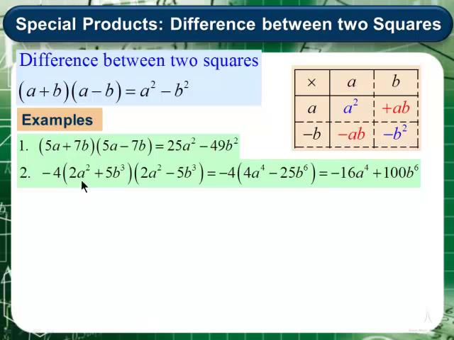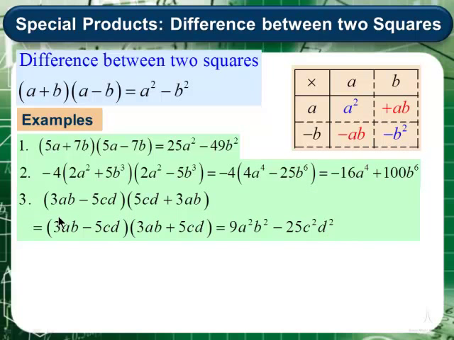So in the first instance, we have 2a squared all squared, which gives us 4a to the power 4. If we multiply that with minus 4, we get minus 16a to the power 4. And similarly for the second term, we square it first of all to get 25b to the power 6. Put a negative in front because of the difference of squares type expansion in this case, and then multiply by minus 4 finally to get 100b to the power 6 for this expansion.